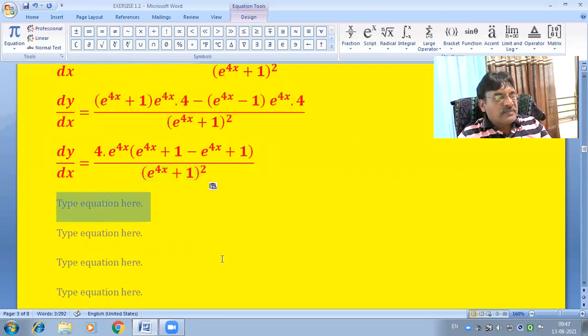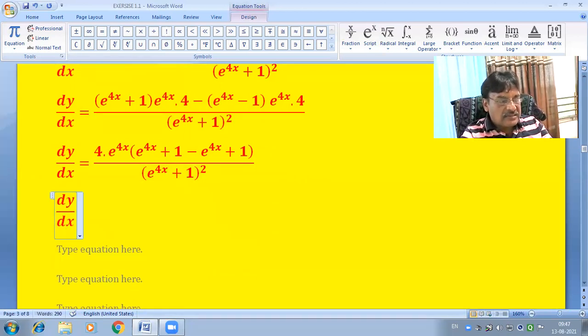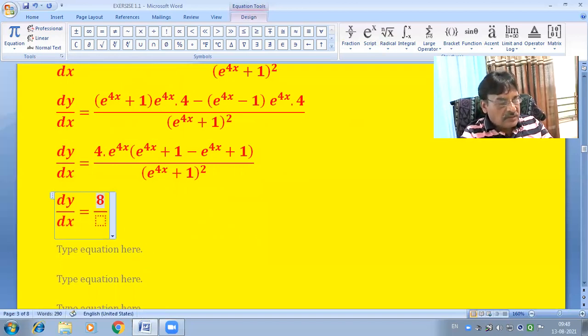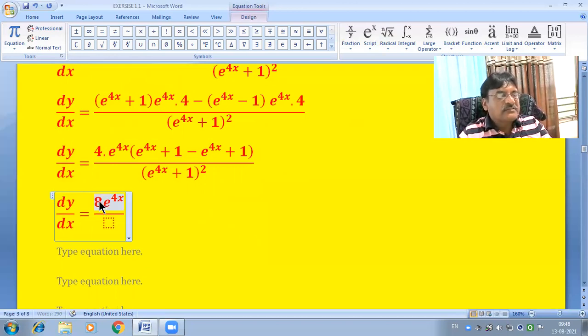Therefore, here dy by dx is equal to: this e to the power 4x is plus e to the power 4x minus e to the power 4x, which get cancelled. Then here 1 plus 1, 2. 2 into 4, 8. So 8 into e to the power 4x.